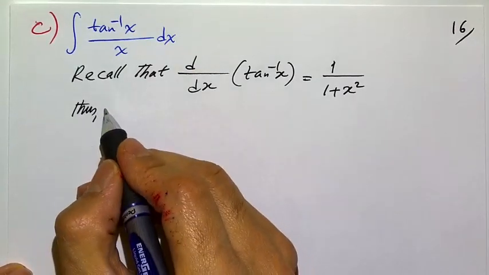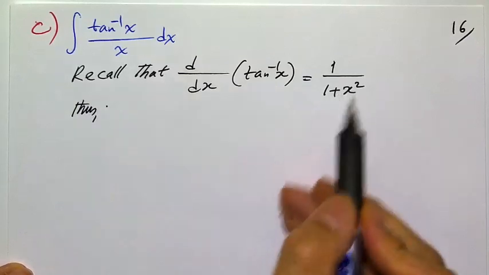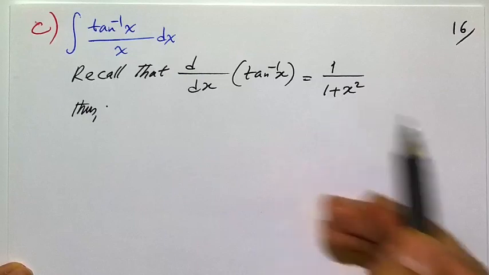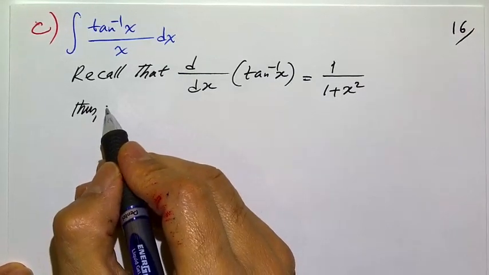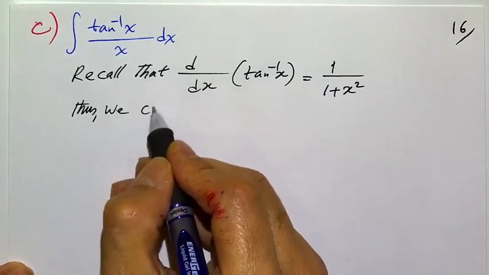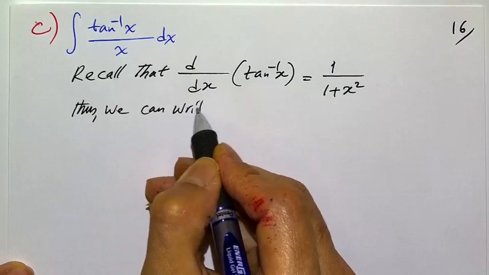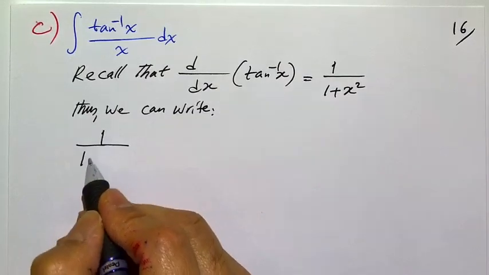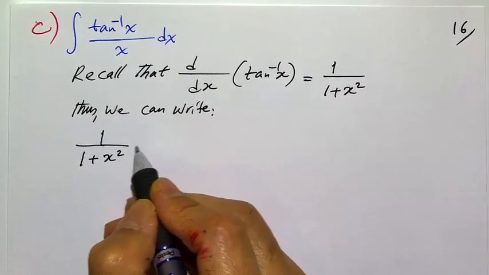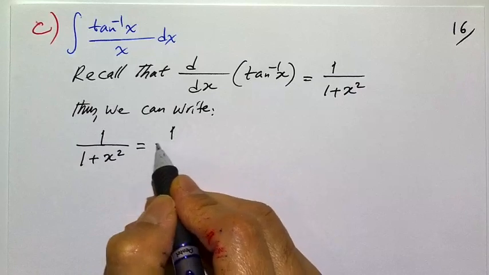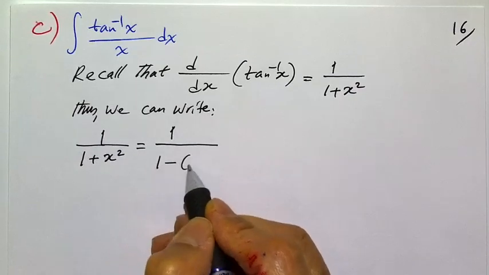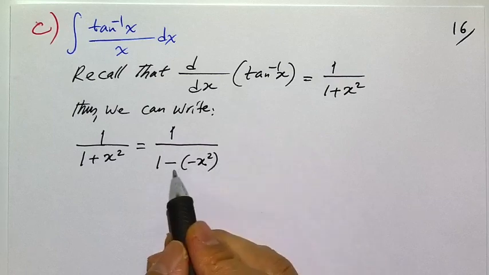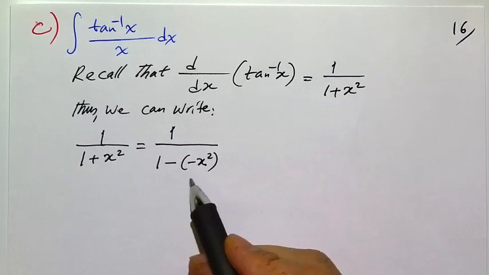So we can write this in terms of 1 over 1 minus x squared, right? Let's do that. Thus we can write 1 over 1 plus x squared equals 1 over 1 minus negative x squared. This would be 1 plus x squared again.